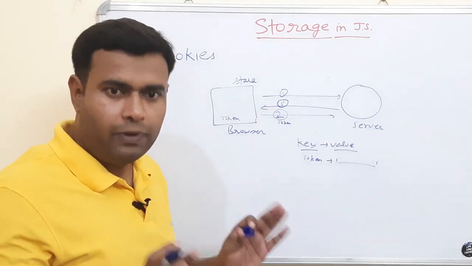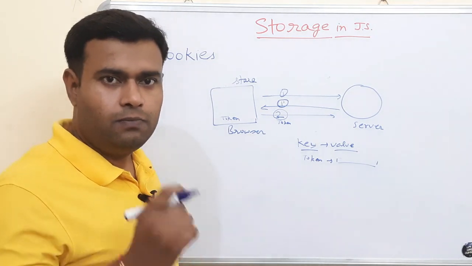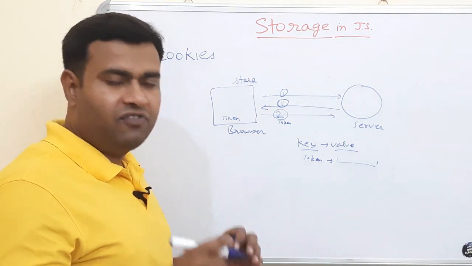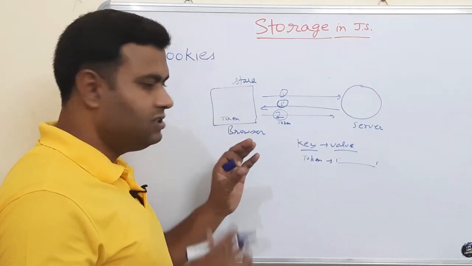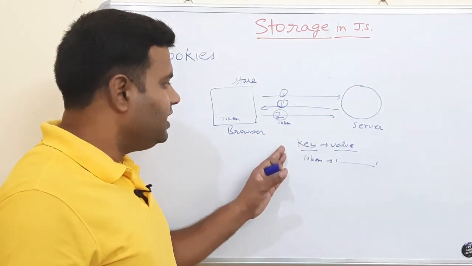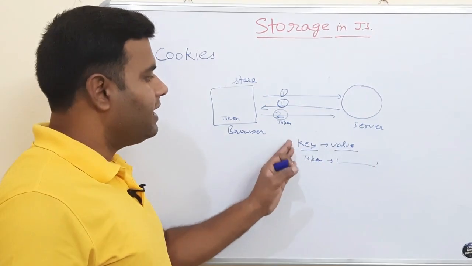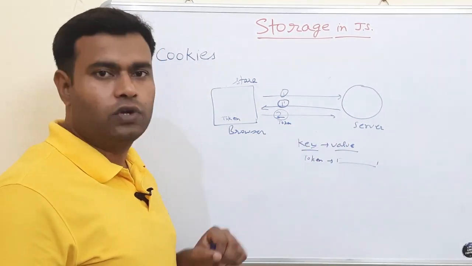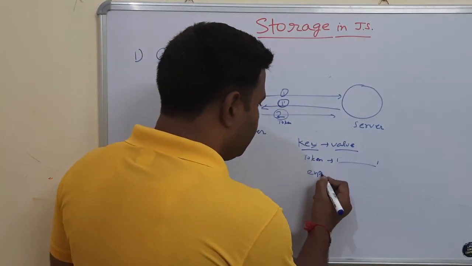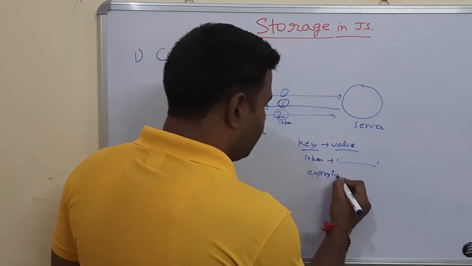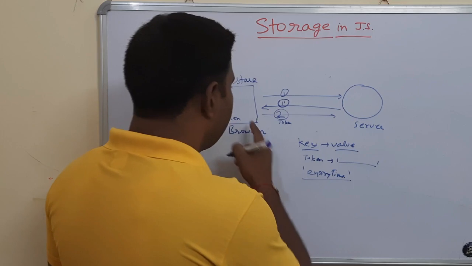Now there are a few properties we have to understand for cookies. Each cookie has some time limit, after which it will expire. So the server can send these properties, these attributes, with each cookie, and these again will be some other key value pairs but attributes of this particular cookie. So one is the expiry time, and these properties are honored by the browser.